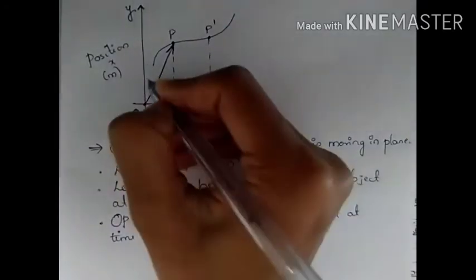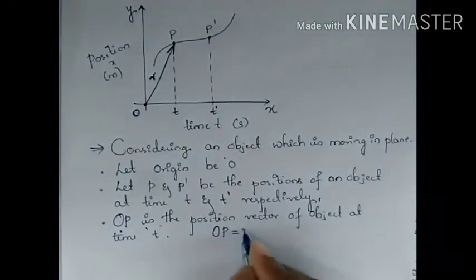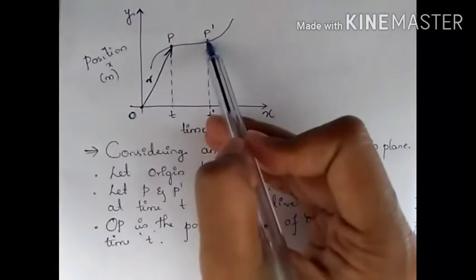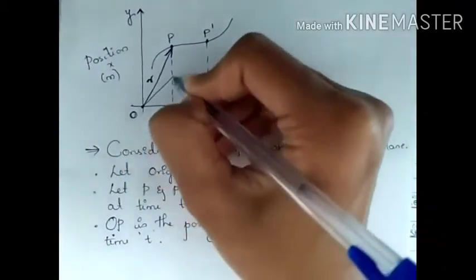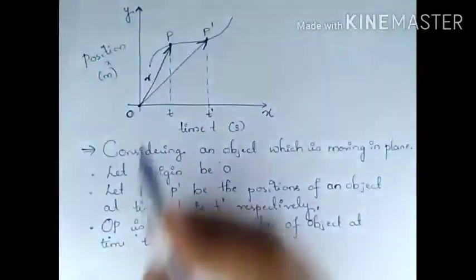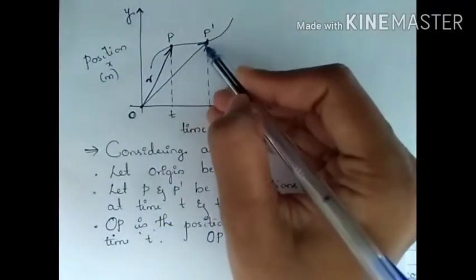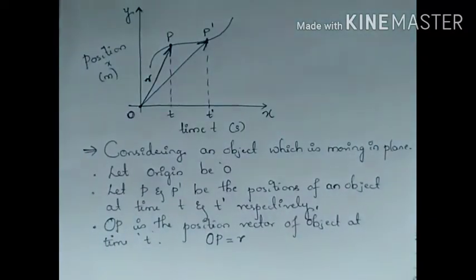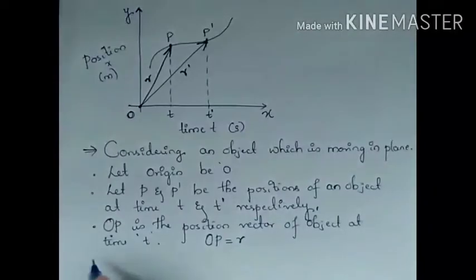So now let us denote this vector as R. So OP is equal to R. Now there is another point, that is P prime. So let us draw the position vector for P prime. This arrow mark says the direction and the length of the vector gives the magnitude of the vector. So let this position vector be R prime.